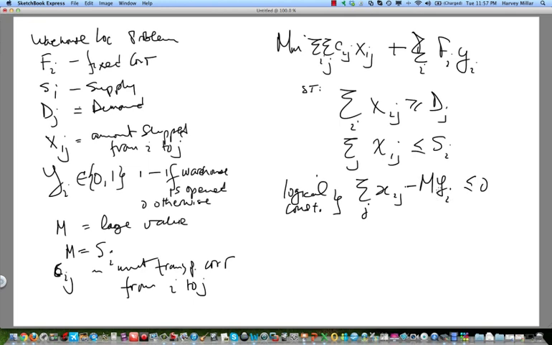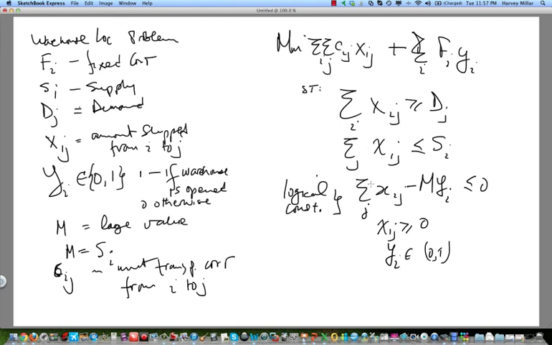It cannot be 0, because if it's 0 and this is positive, then that constraint is violated. So in the optimal solution, M y_i must be a positive value larger than this portion, so that the constraint can be satisfied. That's where the logic comes in. So we simply put X_ij greater than or equal to 0, y_i contained in {0, 1}, and it's binary. And that is the warehouse location problem.